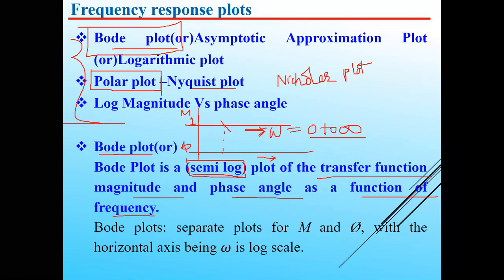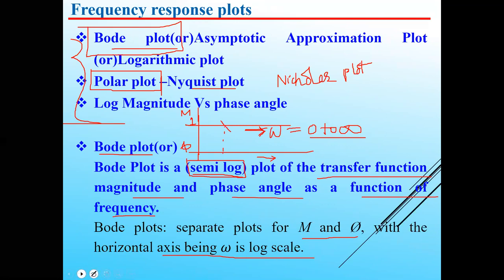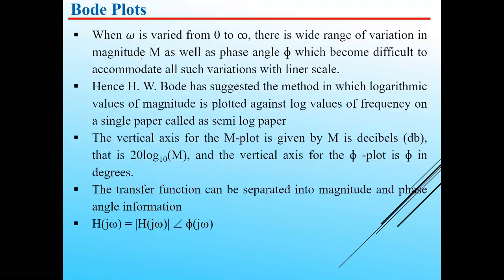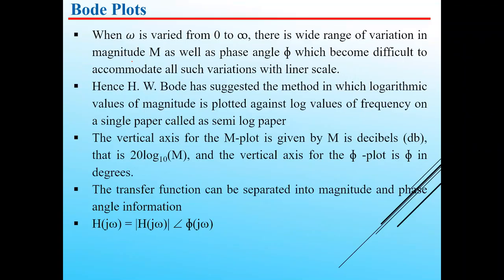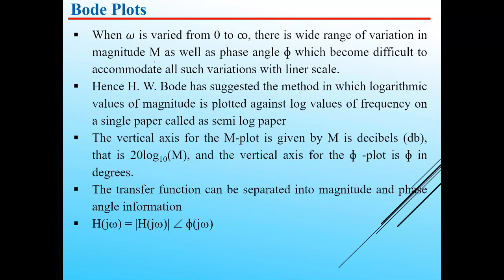So it separates plot of magnitude and phase with horizontal axis being omega in logarithmic scale. The reason why we are doing this is written as notes. When omega is varied from 0 to infinity, there is a wide range of variations in the magnitude as well as in the phase angle, which becomes difficult to accommodate with the linear scale.